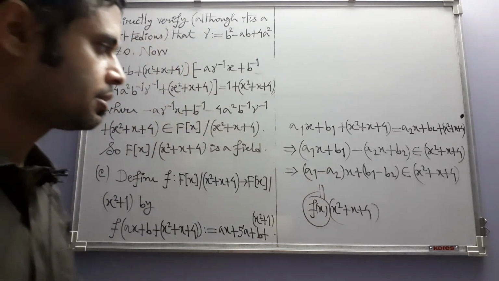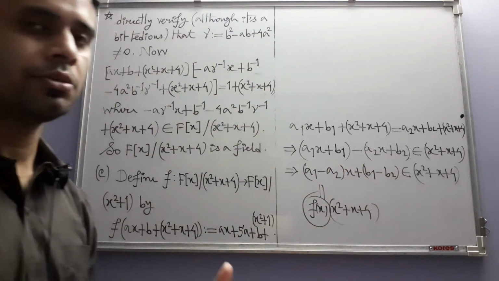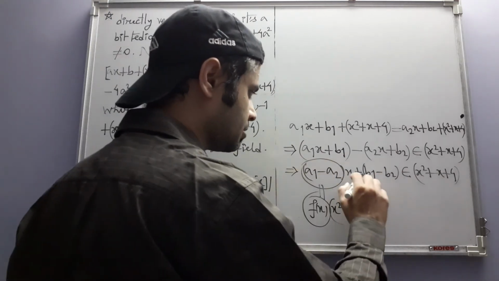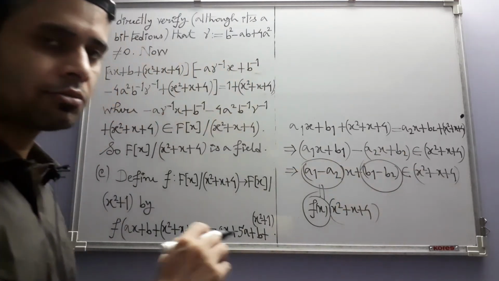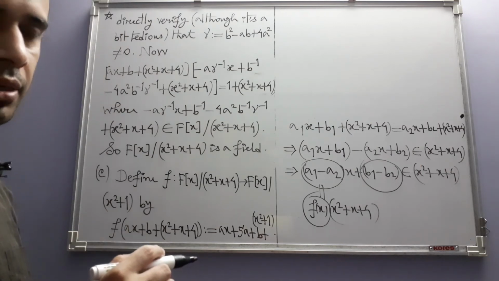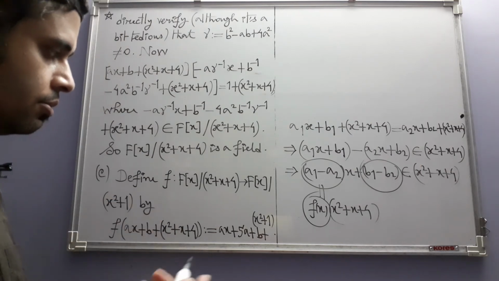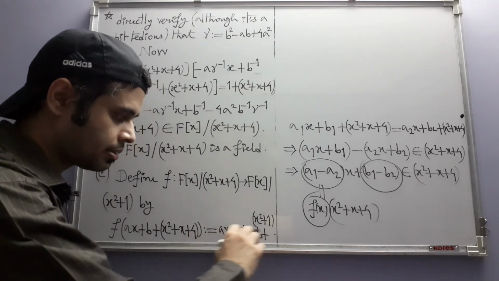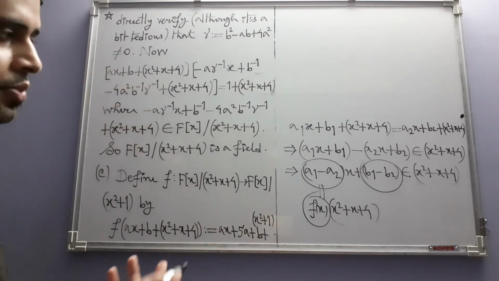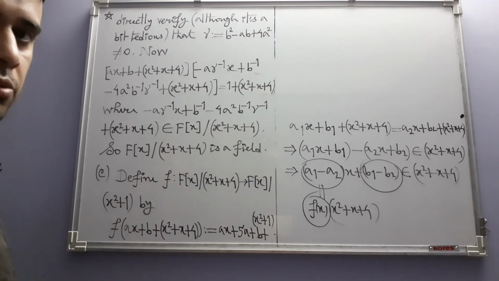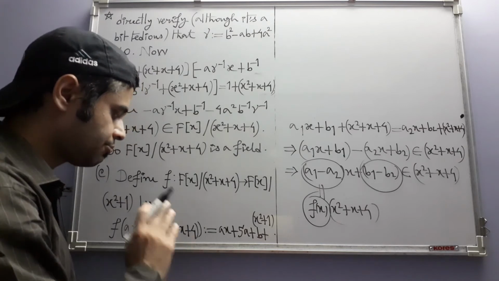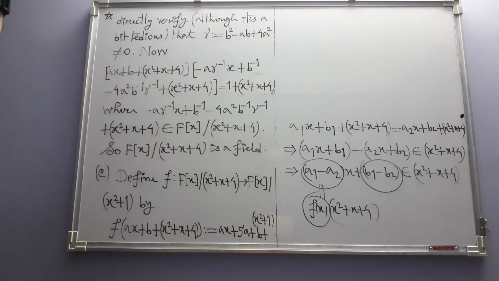In other words, this polynomial itself should be equal to 0, and that happens when these coefficients are 0, giving you the fact that a1 is equal to a2 and b1 is equal to b2, and from that you can easily say that the corresponding images are equal. So that gives you the fact that f is well defined.